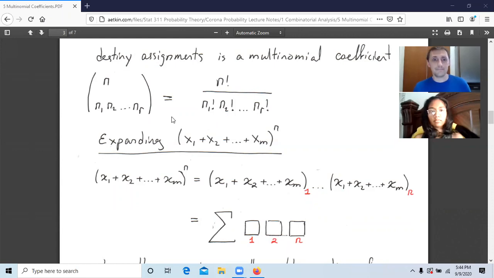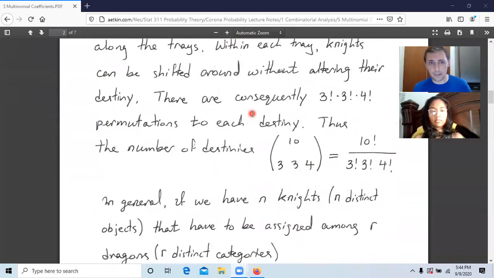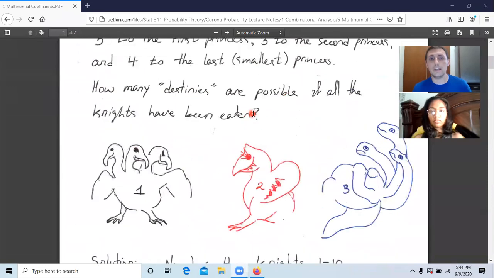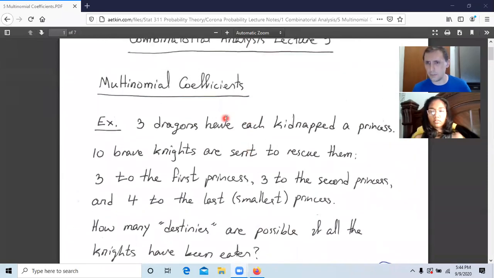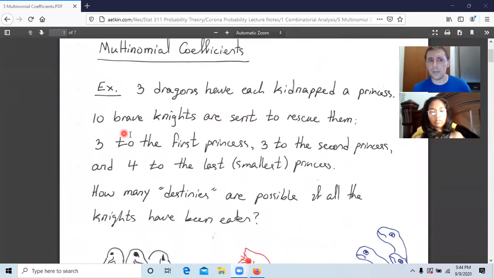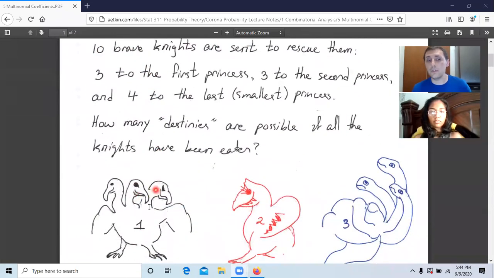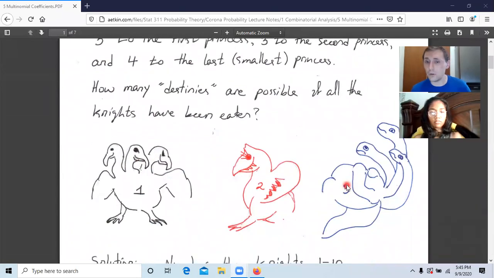All right, let's go again. It's all a matter of imagination. Do you understand the idea of the knights that I skimmed over? Here we had 10 brave knights, and 3 of the knights have to go to fight dragon number 1. Another 3 have to go to fight dragon number 2, and 4 will have to go to fight dragon number 3.